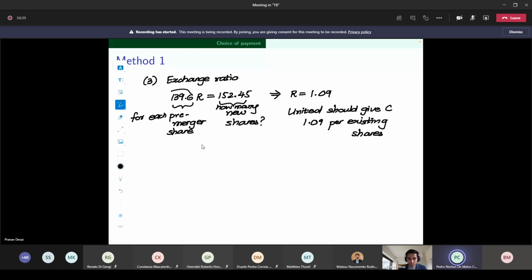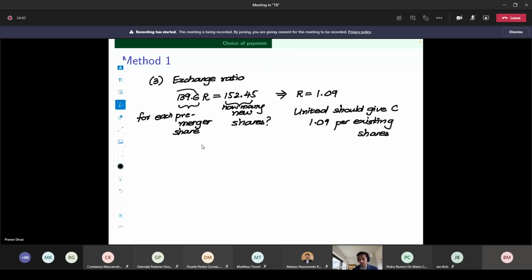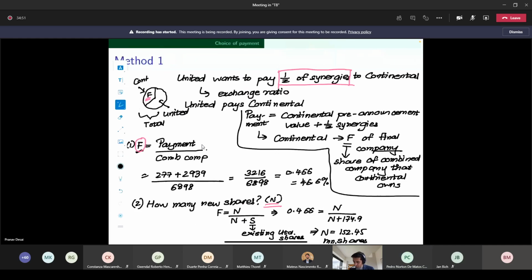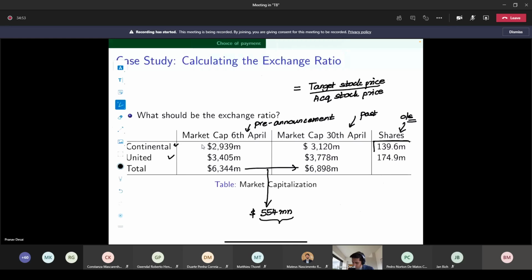Yeah, I guess the question was targeted towards the 139.6. I see, where this is coming from. Okay, yeah, thank you. I'm sorry, I could not hear you previously. So this comes from here. These are the pre-announcement existing shares of that company.